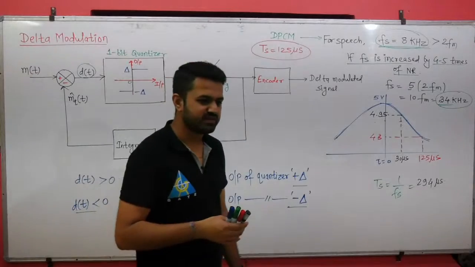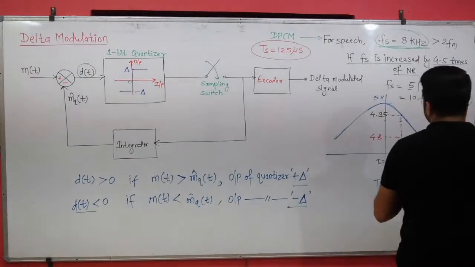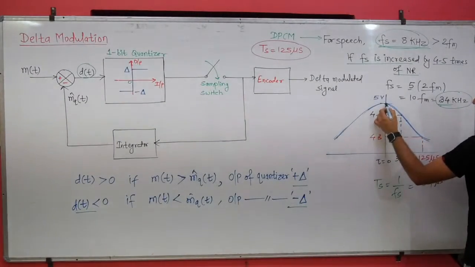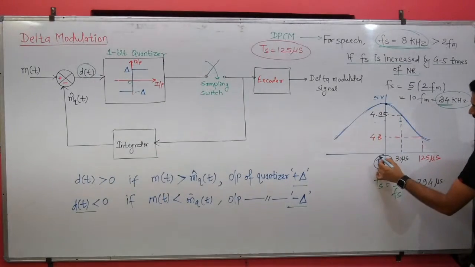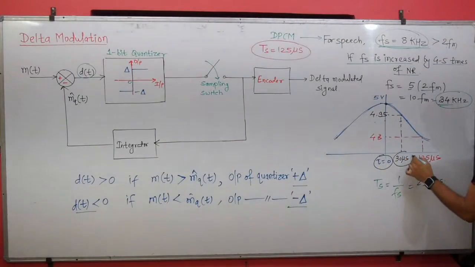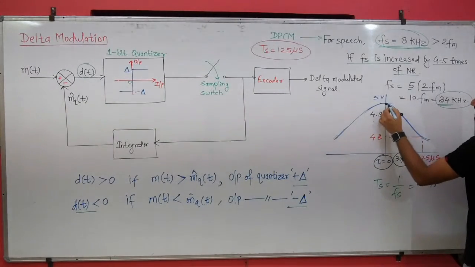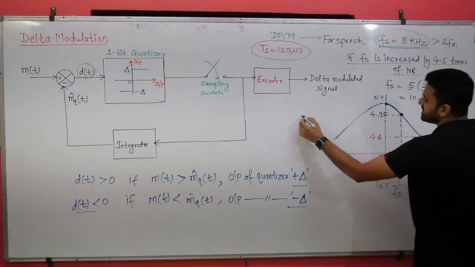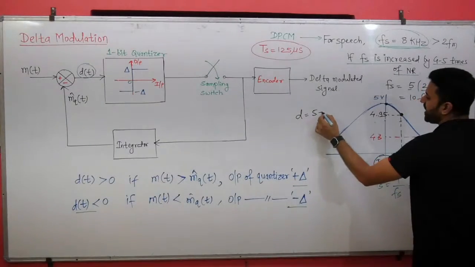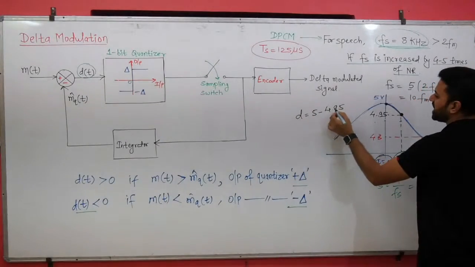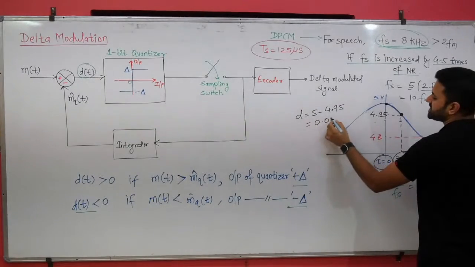Yes, Nutan, Nandita, Manish. Now it is very close. Previously we were taking the sample at tau equal to 0. Now we are taking the sample at 30 microsecond. So these samples are very close to each other. The difference will now be 5 minus 4.95, which is 0.05 volt.